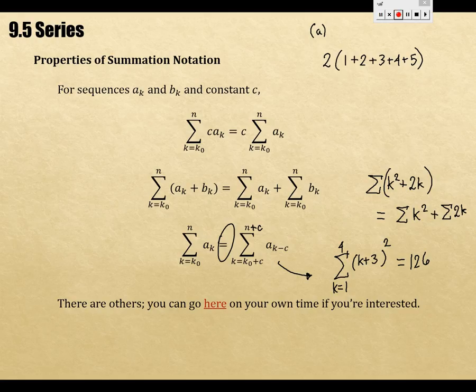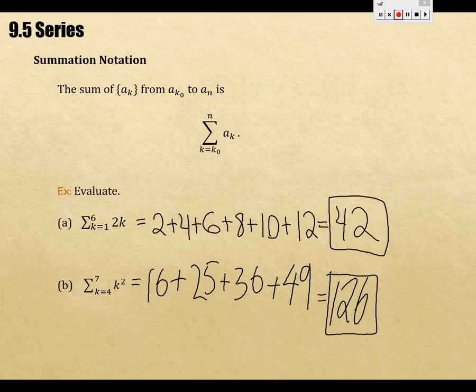One thing that's not super obvious right away on this: how many terms is this? 4. It would be very clear up here, this is clearly 6, right?